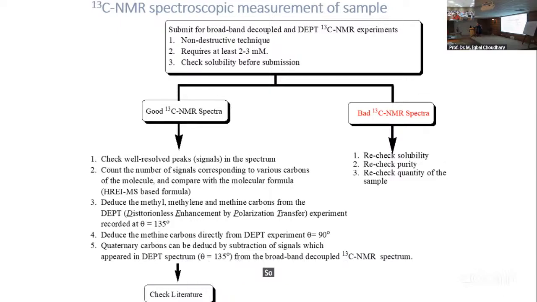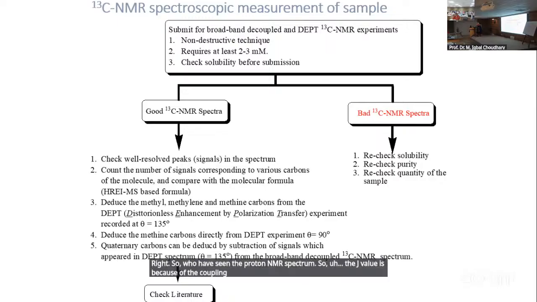Some of you may understand J values, right? Those who have seen the proton NMR spectrum know the J value is because of the coupling of one proton with its neighboring proton.